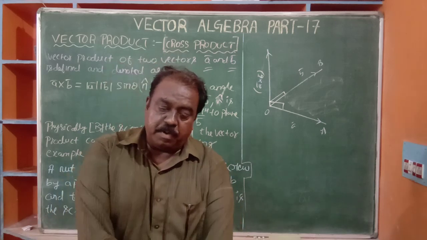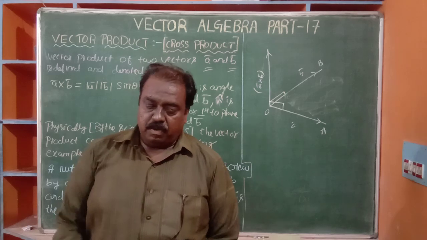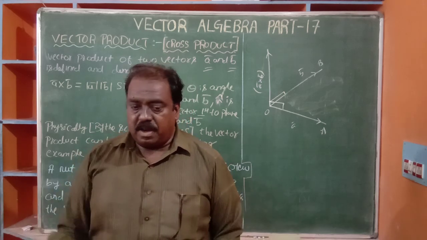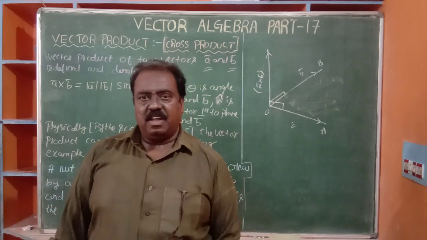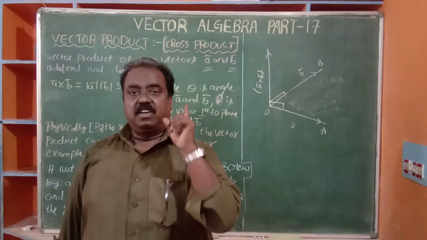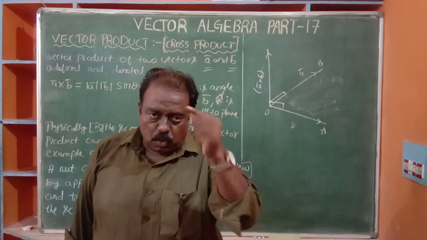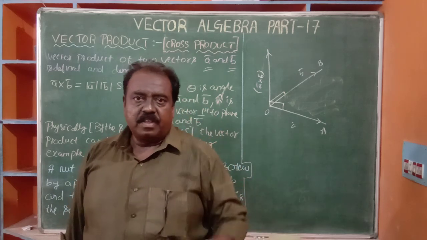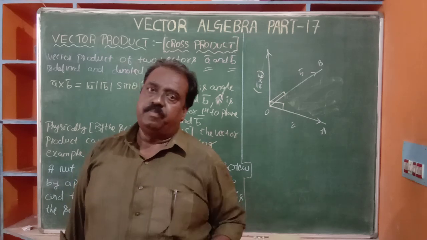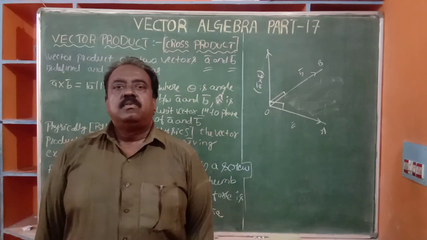I am always perpendicular to the total plane for which A bar and B bar are lying. So I am A bar cross B bar. Like that you take that vision, imagine like that.